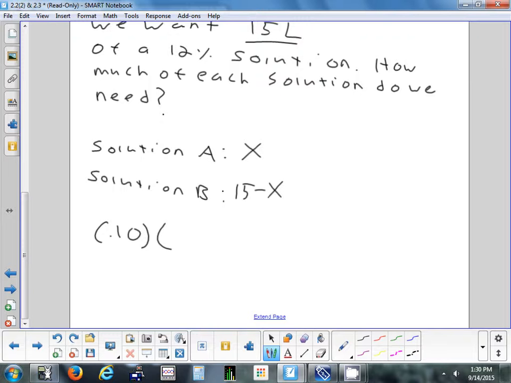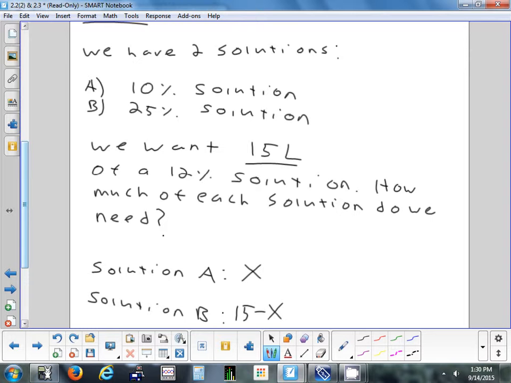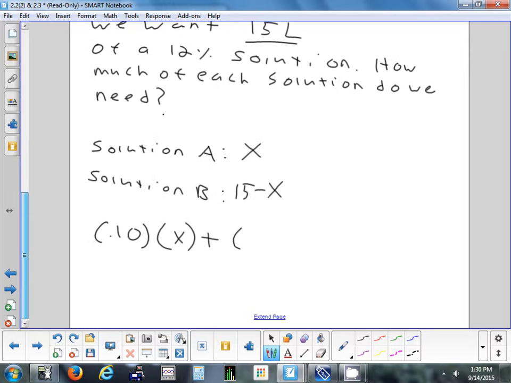Yep, and how did we represent the amount of that solution? Yeah, X. So concentration times amount plus the concentration of the other solution, 0.25. Okay, and DJ, how much of that one? 15 minus X. Good.